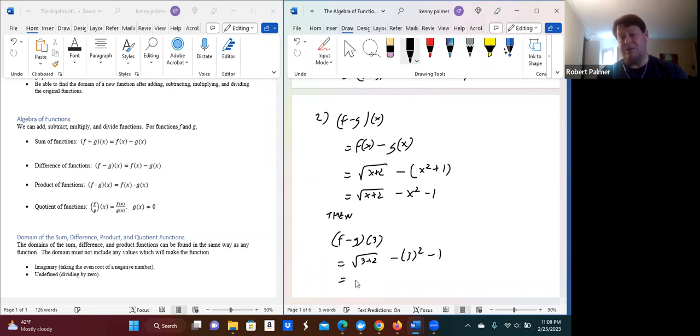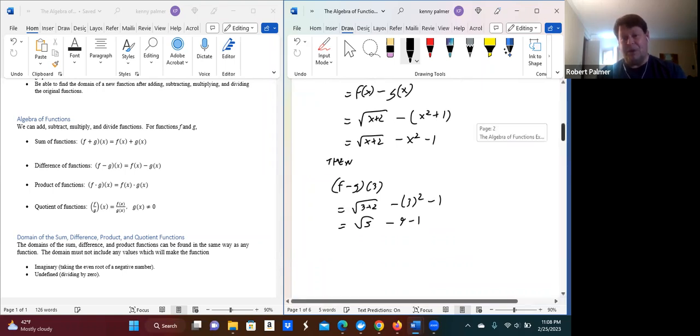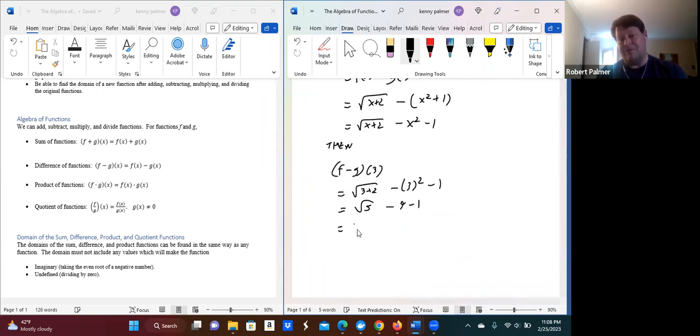Go through and simplify. So this becomes the square root of 5, and I can't reduce the square root of 5. And minus 3 squared is 9, so that's 9 minus 1. And so this becomes the square root of 5 minus 10. And that's the exact answer. Since I can't simplify the square root of 5 and I can't combine these exactly, that is the exact answer, though you can approximate this in your calculator if you want.